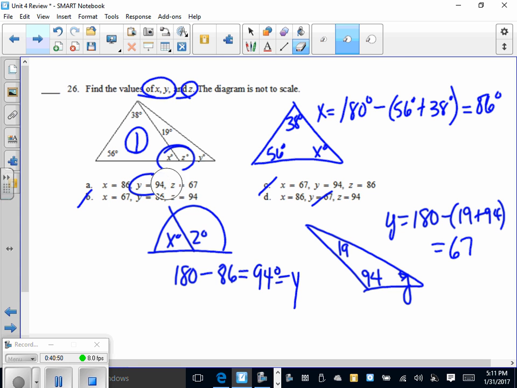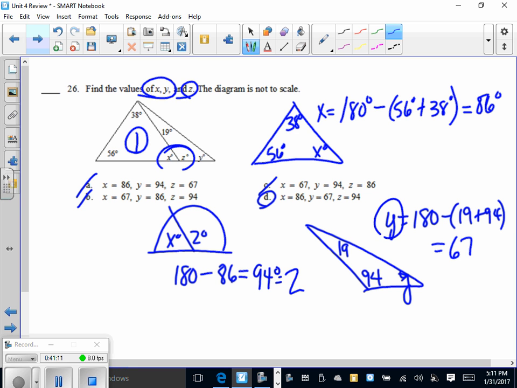I did the same thing you were probably going to do. This is not Y, this is Z. 94 degrees is Z, so it's Z and not A. So Y is 67, because if you do 19 plus 94 and subtract from 180, you get 67 for Y. This is Z. So the correct answer is Z.